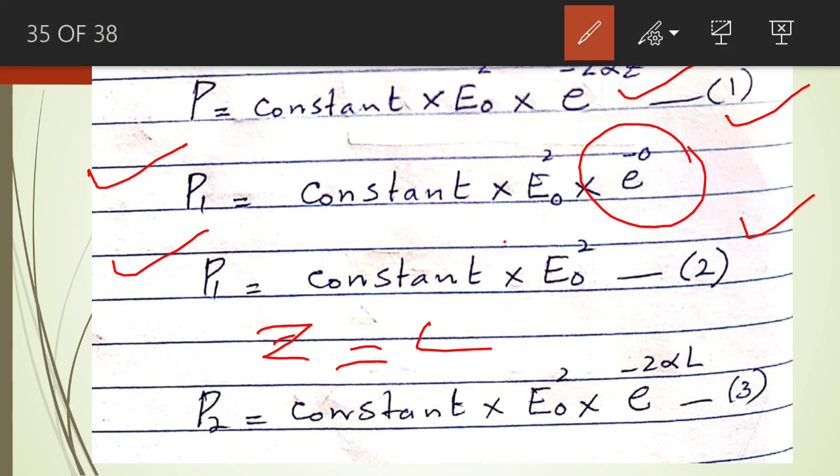If I put the value of Z in equation number 1, we get a constant multiplied by E naught square into e raised to power minus 2 alpha L.